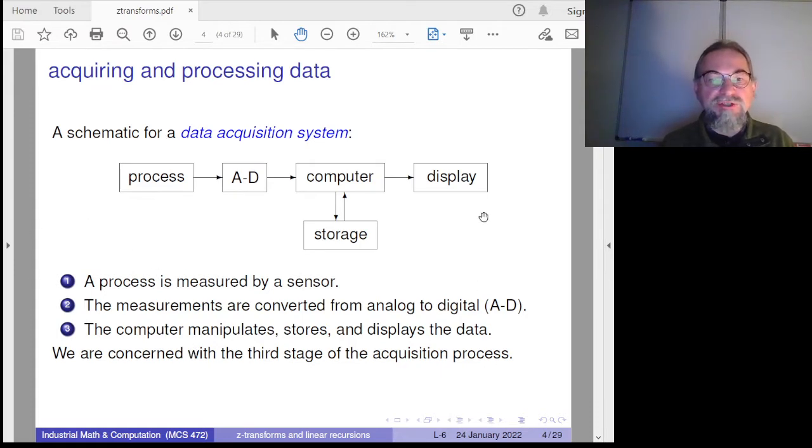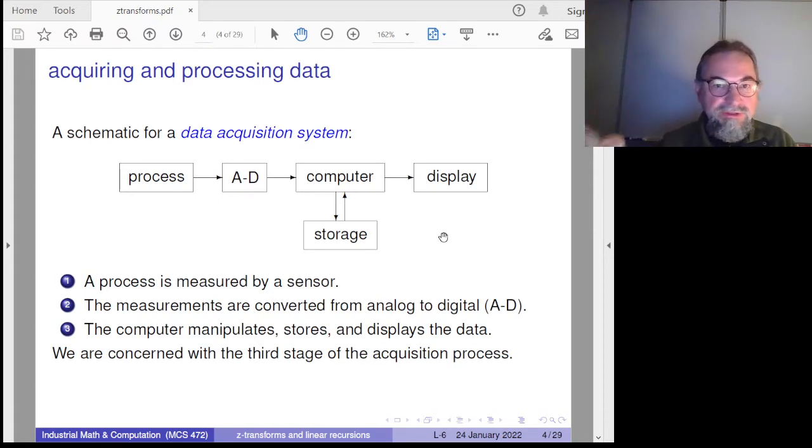For this lecture, we are going to assume that we already have our input numbers, our data, given to the computer. The computer will manipulate, store, and display the data. So in a way, it's a summary of the setup of a previous lecture on analyzing data.